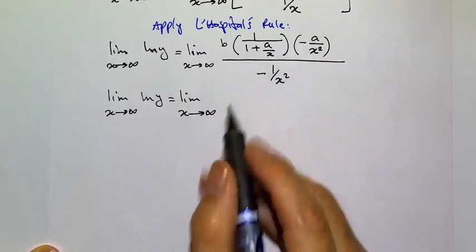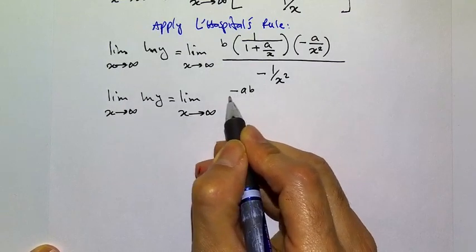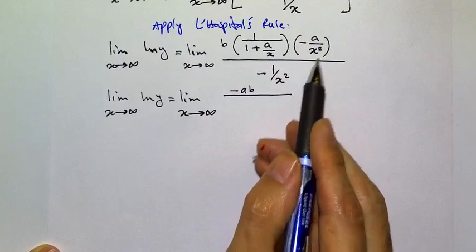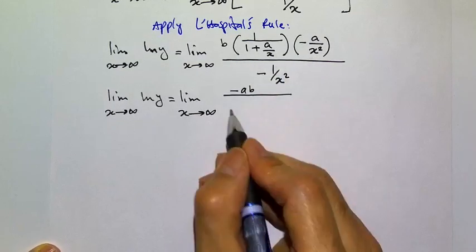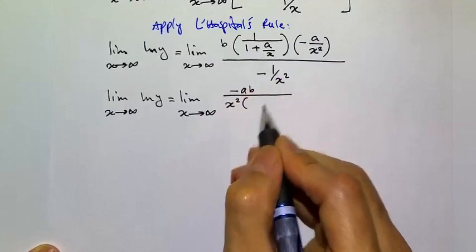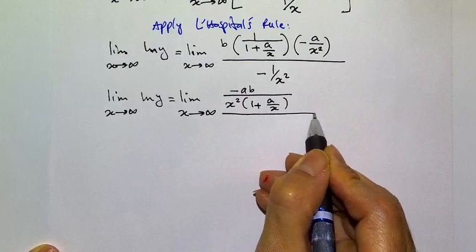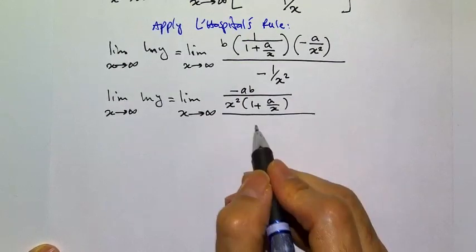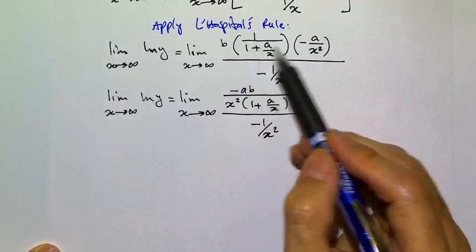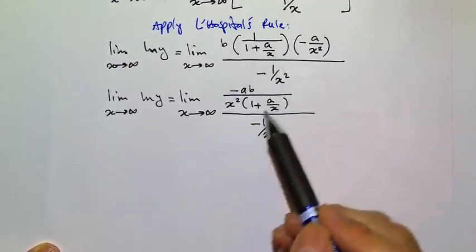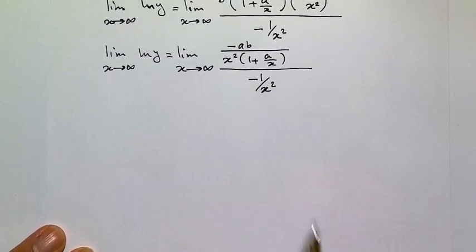Minus ab, minus ab divided by, let's see, so x squared times all of that, x squared times 1 plus a over x divided by minus 1 over x squared. So I cleaned up a little bit, not much, just from here to here.